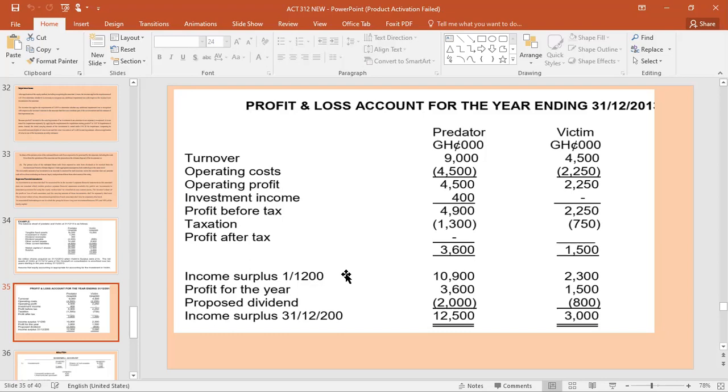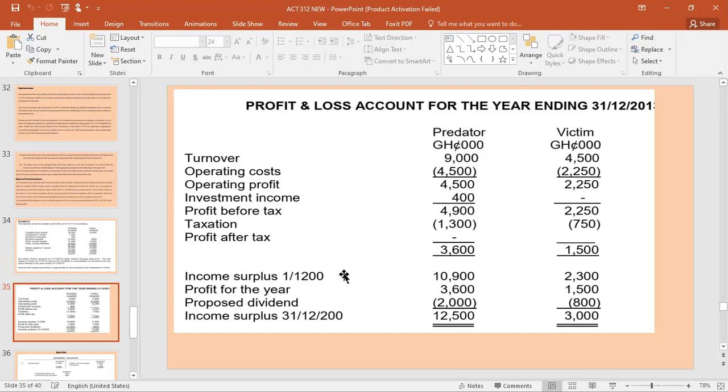Then just under the operating profit, you write share of associate profits. Then you go to the associate account, which is victim. You pick the profit declared, as at that time you are also declaring your operating profits. And the profit declared is 2,250 on victim's account.